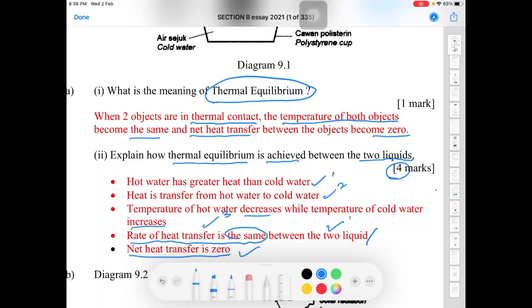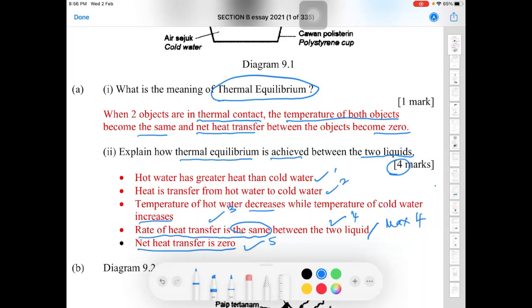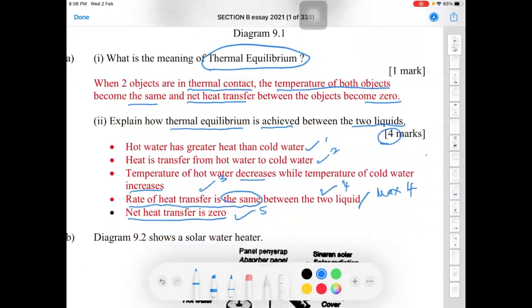So yang ni 4 markah, yang ni 5 markah. So maksimum akan dapat 4 markah. Okay, kita pergi ke soalan seterusnya. You boleh check your jawapan ada tak all the points tu.